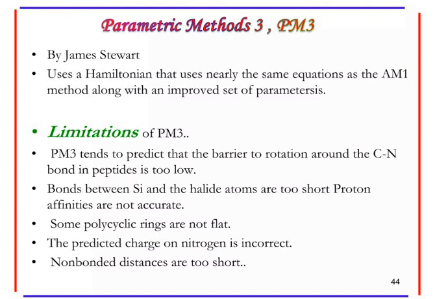So, limitations of PM3, parametric method 3: PM3 tends to predict that the barrier to rotation around the carbon-nitrogen bond in peptides is too low. Bonds between silicon and the halide atoms are too short, and proton affinities are not accurate. Some polycyclic rings are not flat. The predicted charge on nitrogen is incorrect. Non-bonded distances are too short.